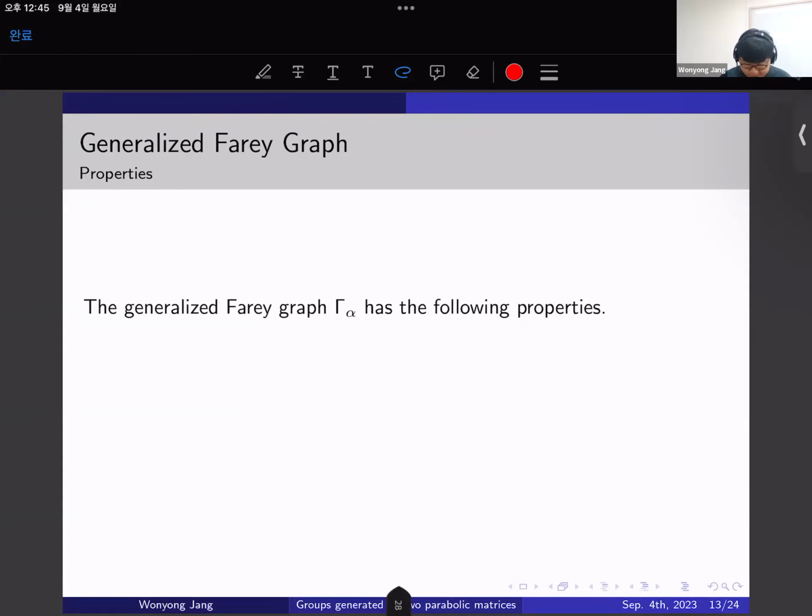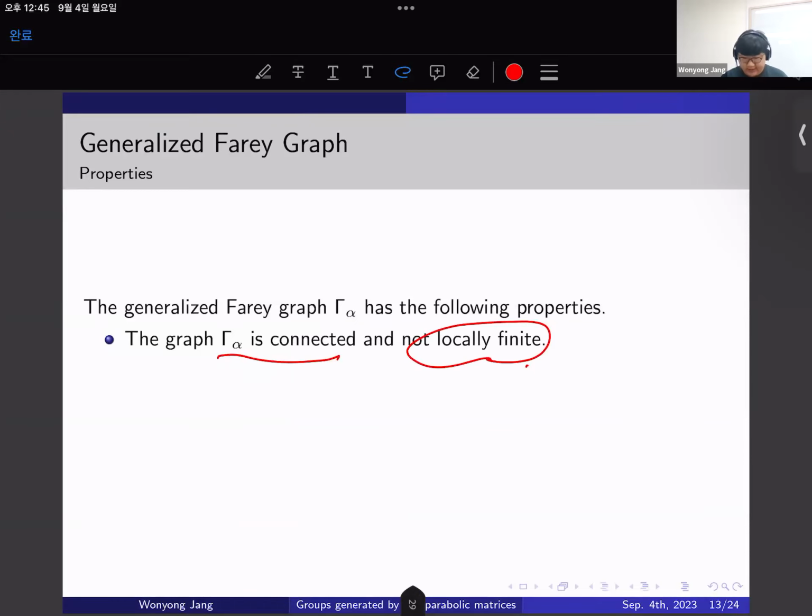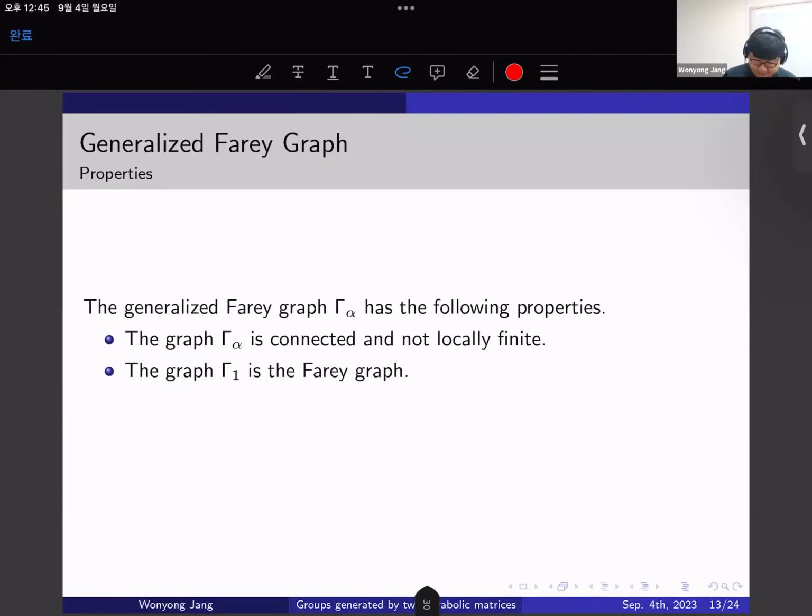Next, I will introduce the basic properties of the generalized graph Gamma alpha. First one is Gamma alpha is connected and not locally finite. The second is the graph Gamma 1 is the Farey graph. So this is why we call Gamma alpha the generalized Farey graph. You can easily check that Gamma 1 is actually the Farey graph.